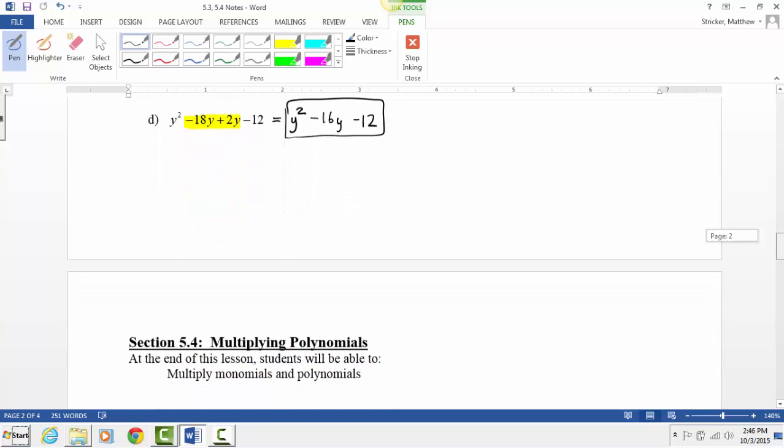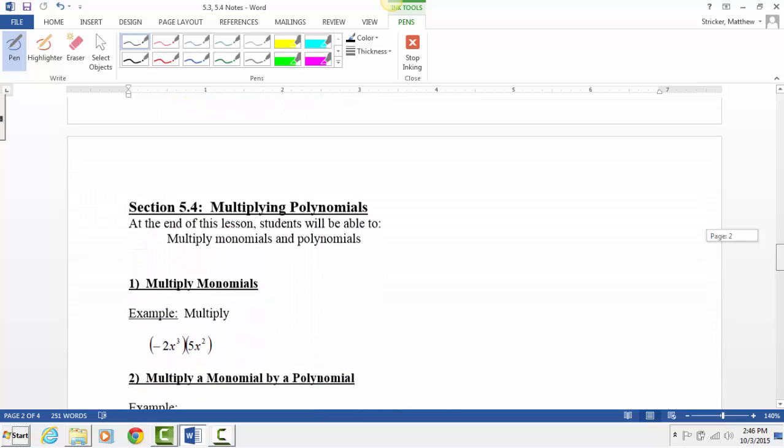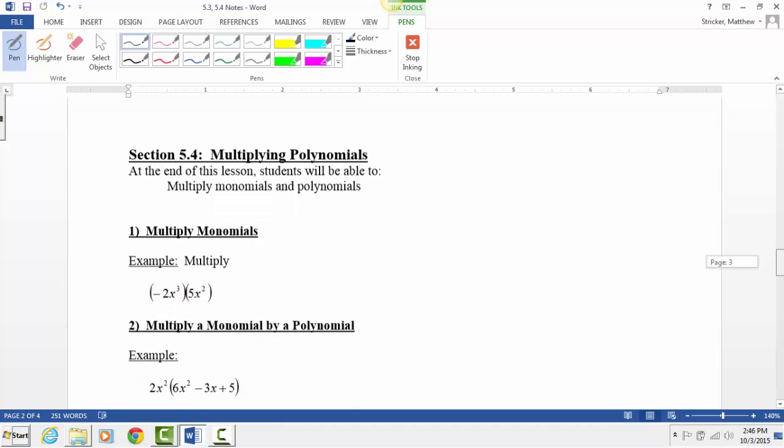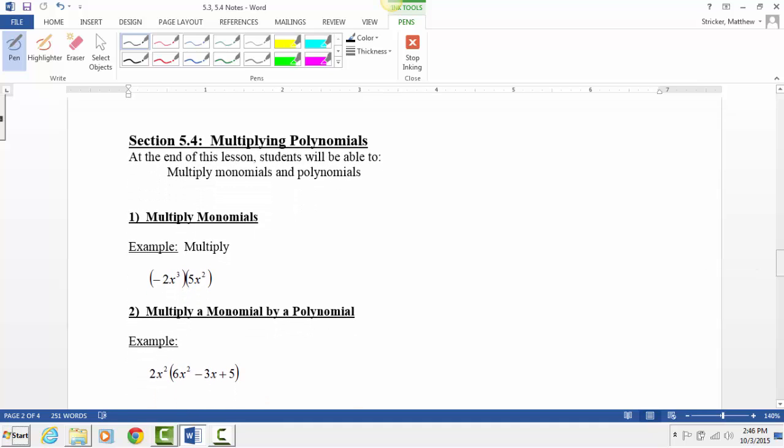We're also going to cover section 5.4, which is about how we multiply monomials and polynomials. So the first type is, what do we get when we multiply 2 monomials? For example, we have negative 2x cubed times 5x squared. Well, easiest way to think about this is to multiply the numbers separately. So we have negative 2 times positive 5, and then to multiply the variable part separately.